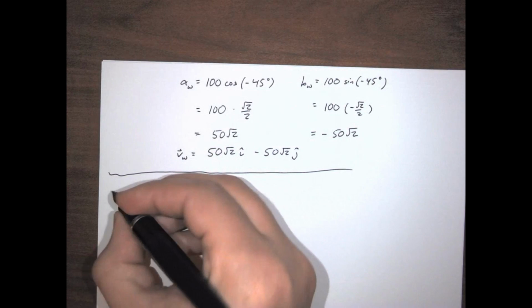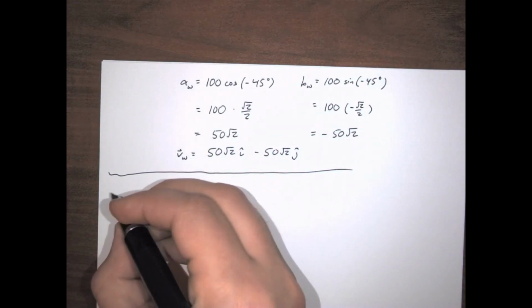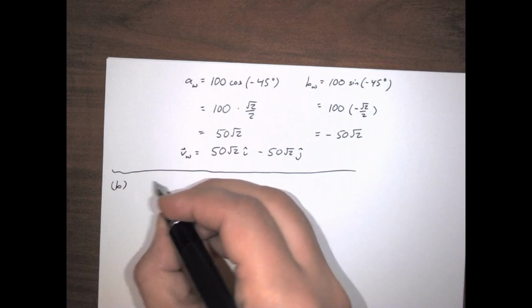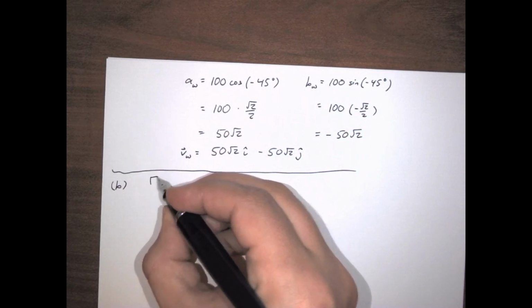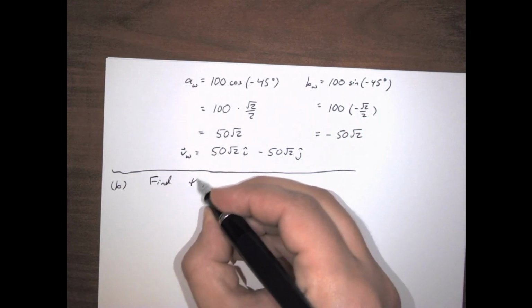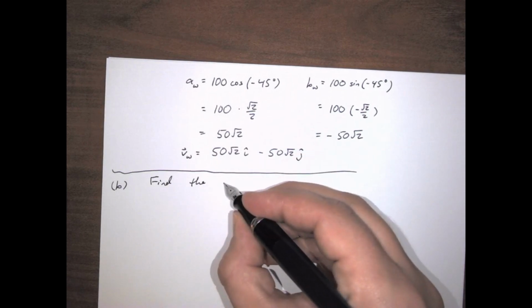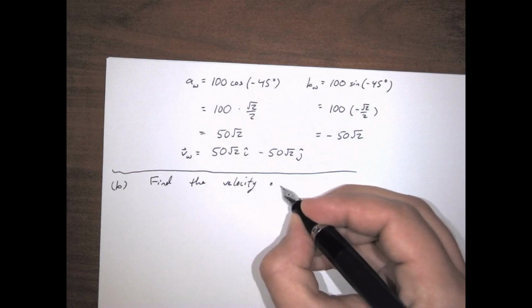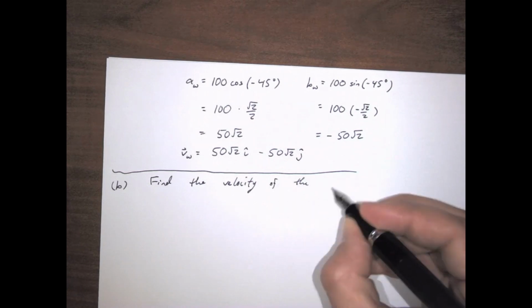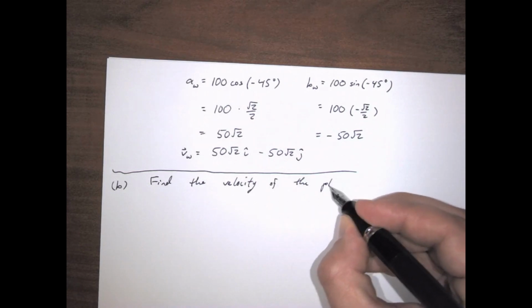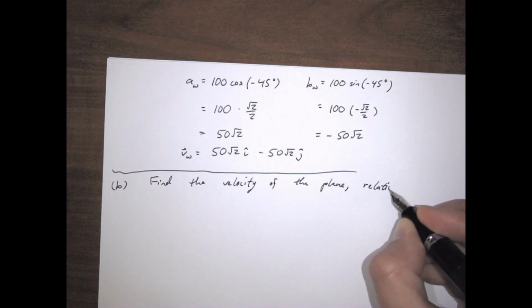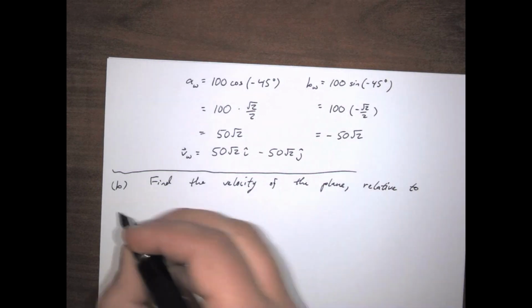And now for b, let's say we have to find the velocity of the plane relative to the ground.